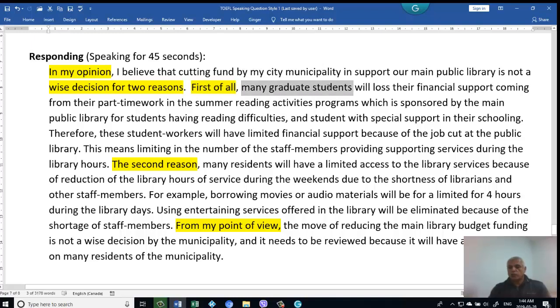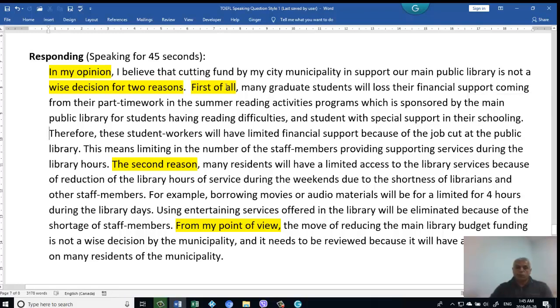Many graduate students will lose their financial support coming from their part-time work in the summer reading activity programs, which is supported by the main public library for students having reading difficulties and students with special support in their schooling.